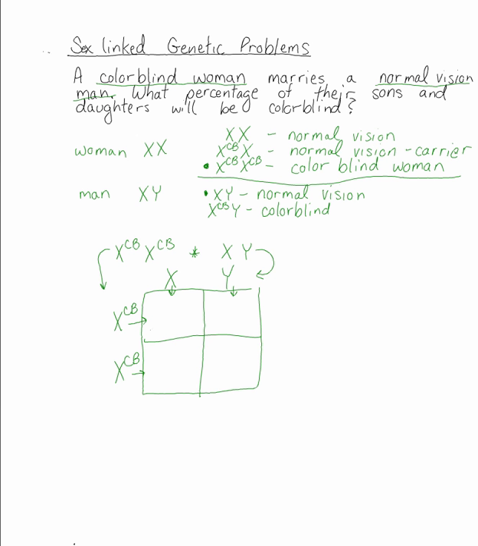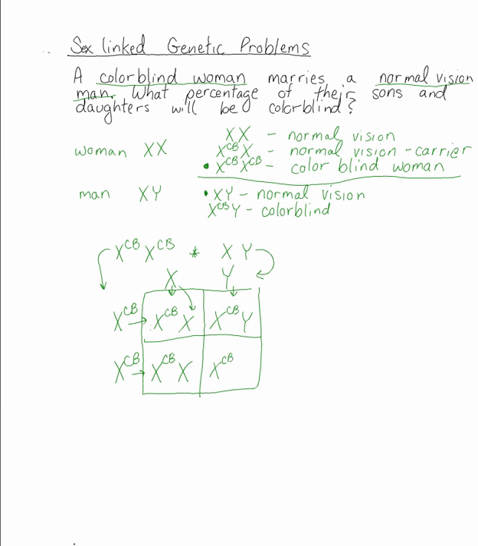Okay, so this square gets an XCB and an X, a normal X from Dad. Okay, so we bring the XCB over from Mom, the normal X from Dad. And in this box, we get the XCB from Mom, a Y chromosome from Dad.